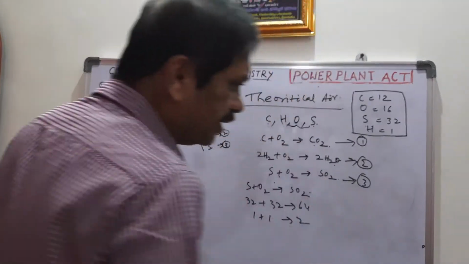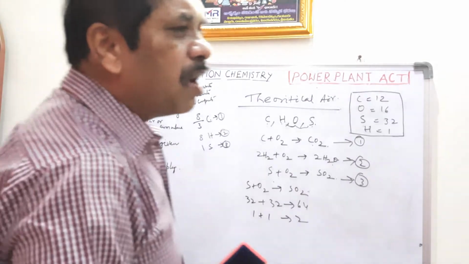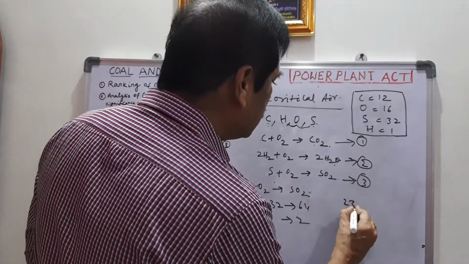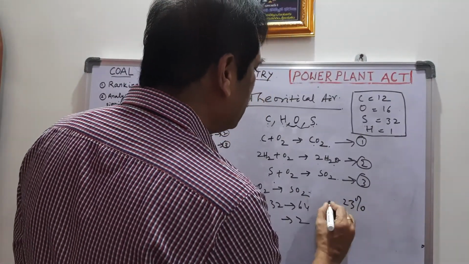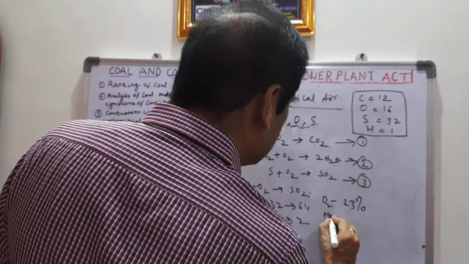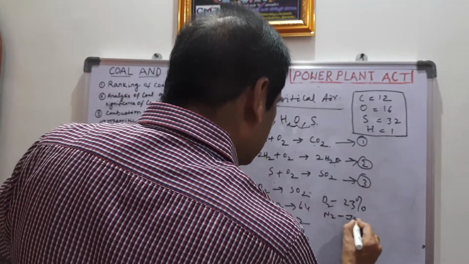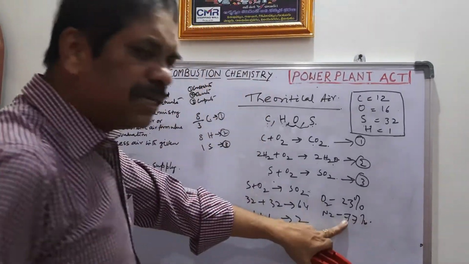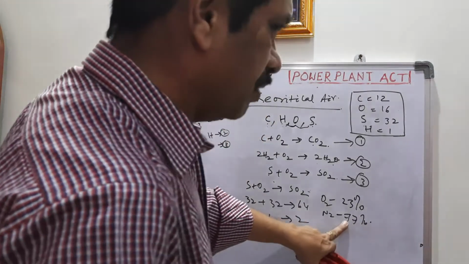So after that, what happens in air? There is 23% oxygen present in the air, and nitrogen is present at 77%.